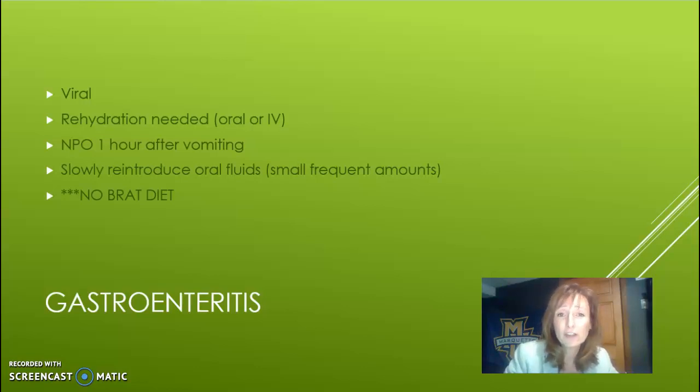The gastroenteritis, or stomach flu that some may call it, causes vomiting, diarrhea, sometimes a low-grade fever with that. So it is a virus that causes gastroenteritis, and the management is rehydration because it can lead, especially in pediatrics, to pretty significant dehydration. We need to make sure that we rehydrate the child.